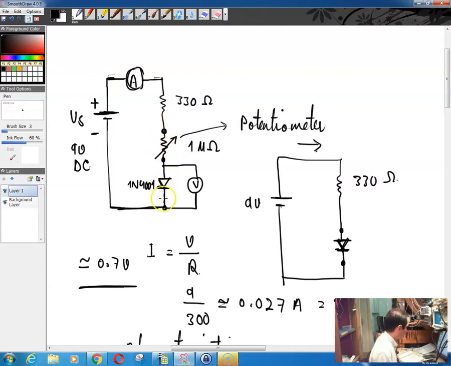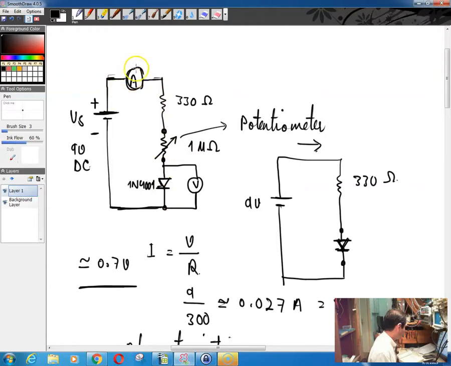And then you have a diode over here as well. And then you need a voltmeter that shows you the voltage drop on the two leads of your diode. So what you're watching is basically the current going through the circuit, and therefore also through the diode, because it's a series circuit.